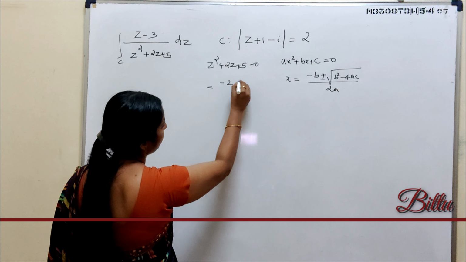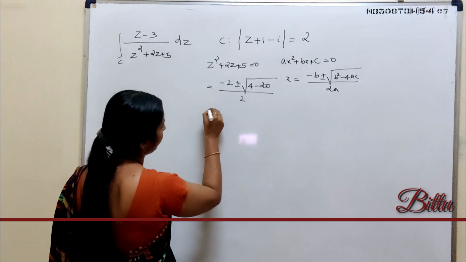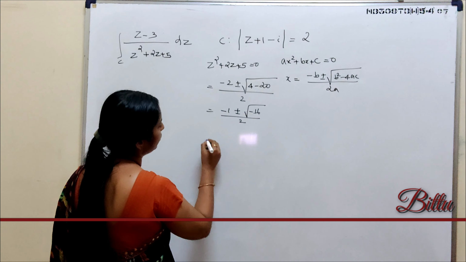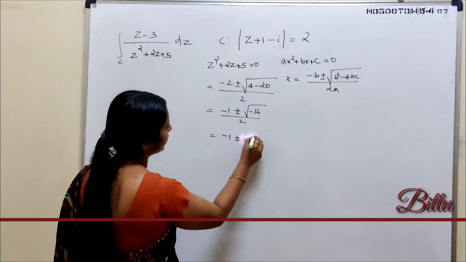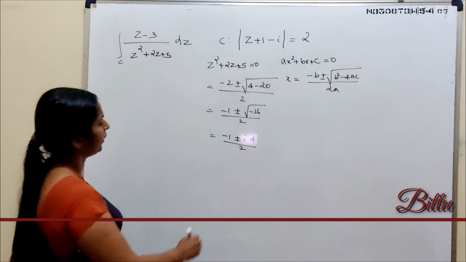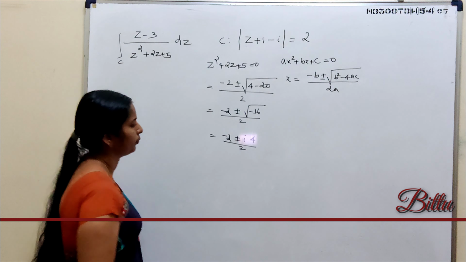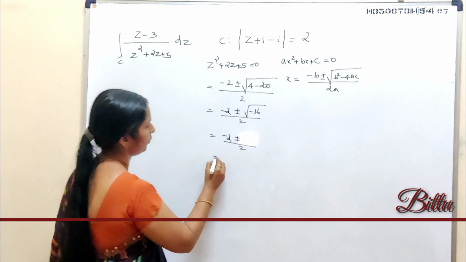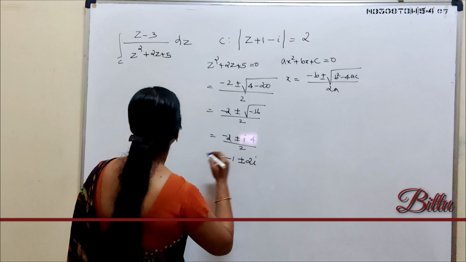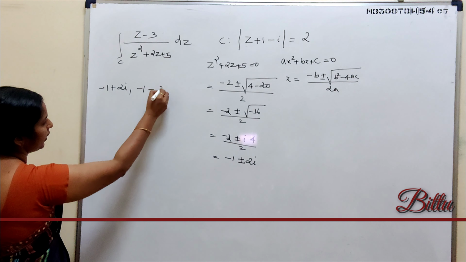That is minus 1 plus or minus root of minus 16 by 2. That is minus 1 plus or minus 4i by 2. Here it is minus 2, you remove 2: minus 1 plus or minus 2i. So the poles are minus 1 plus 2i and minus 1 minus 2i.